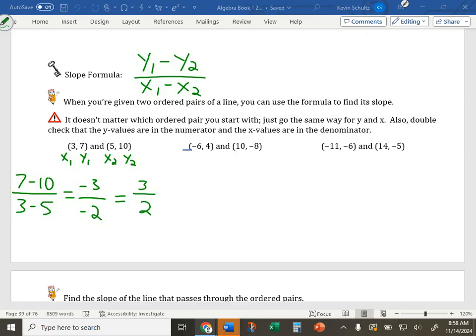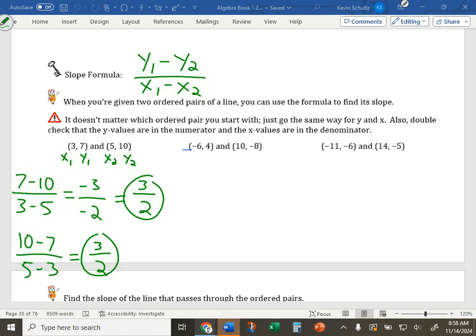I did it backwards. If you did it the other way, y2 minus y1 over x2 minus x1, 10 minus 7 over 5 minus 3, which is 3 over 2. You get the same answer either way.